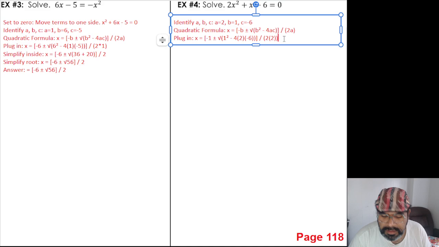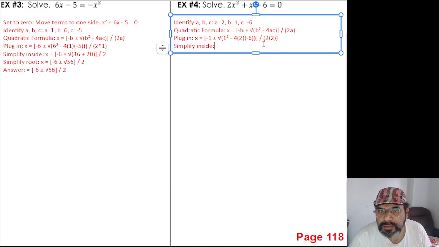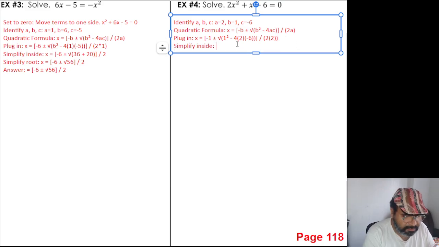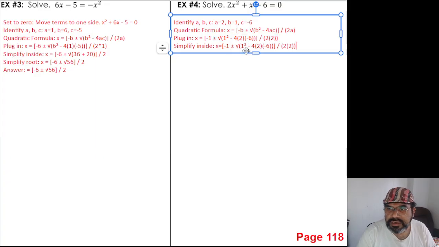We're going to have x equals negative 1 plus or minus the square root of 1 squared, which is just 1. 4 times 2 is 8. 6 times 8, a negative times a negative will be positive. 6 times 8 is 48.